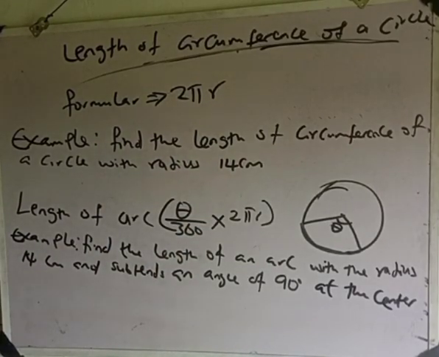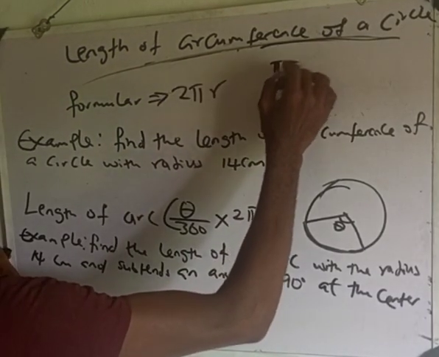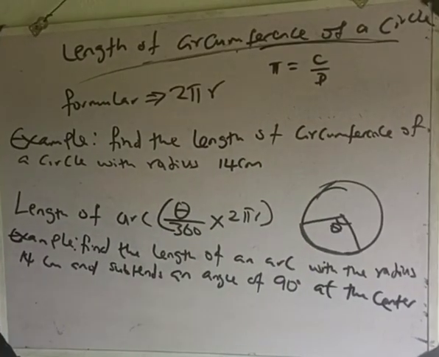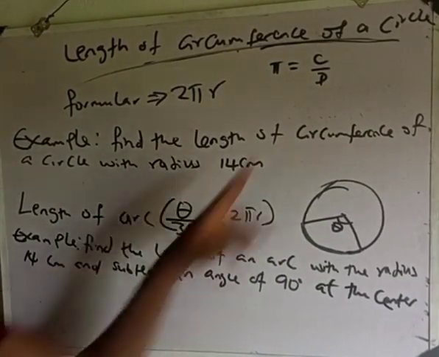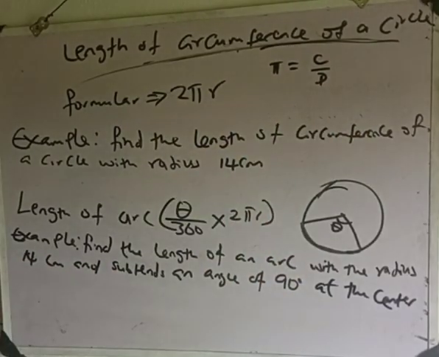Remember, during the last class, I explained that pi is the same thing as circumference over diameter, the length of the circumference over the diameter of the circle.